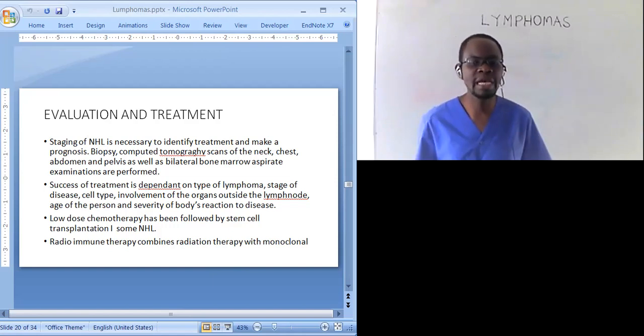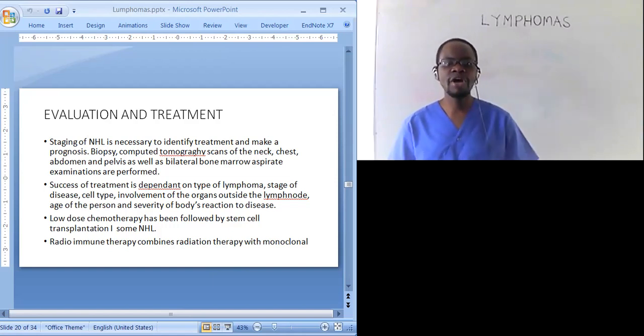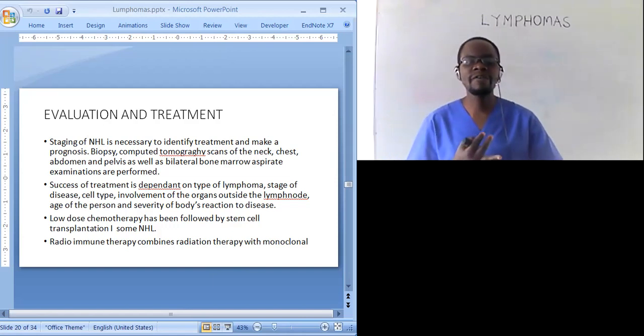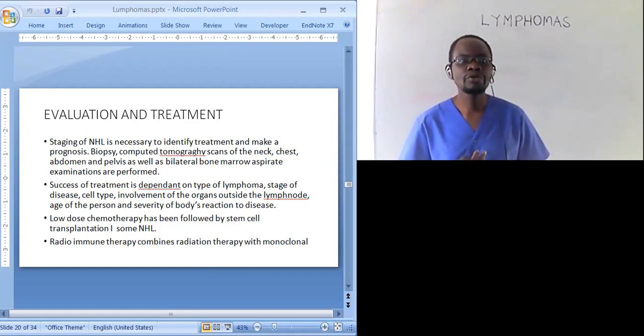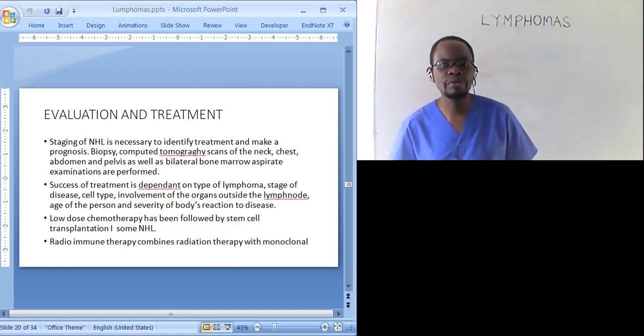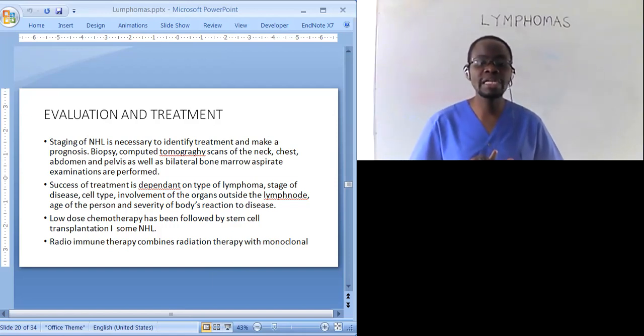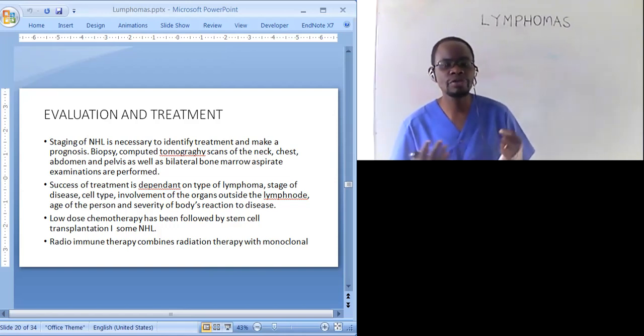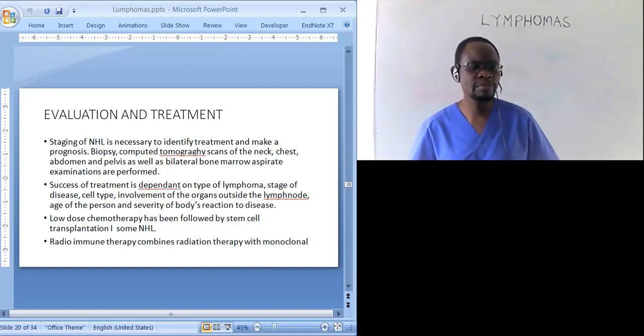And remember, if you are to get a transplant, you first have to have chemotherapy to make sure you are in remission, and sometimes also radiation, before they do the stem cell transplant.